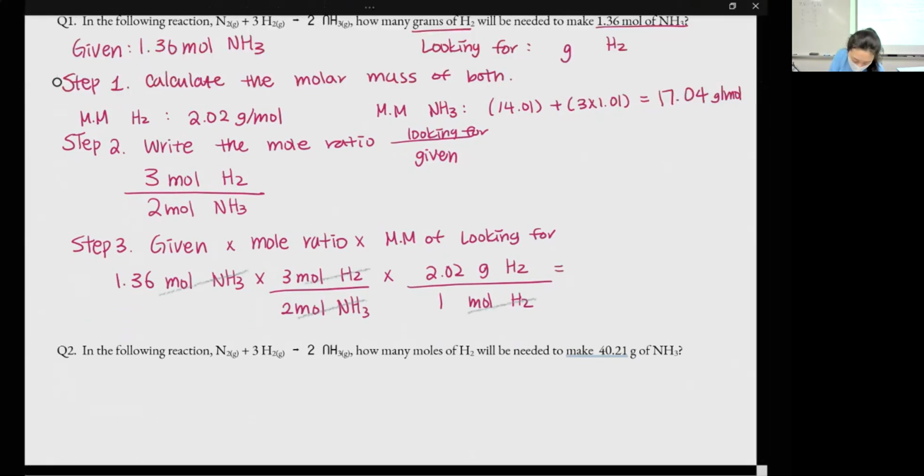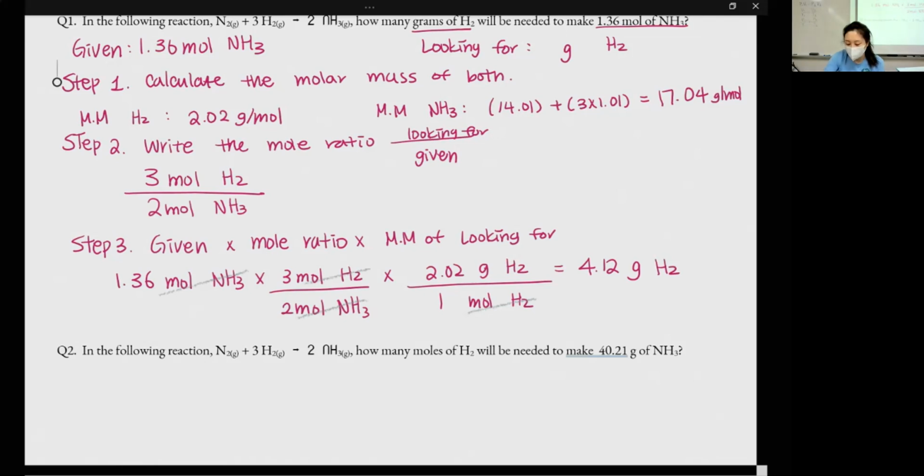So let me calculate that. 1.36 times 3 divided by 2 times 2.02 will be 4.12 grams of H2. Let me double check. 1.36 times 3 divided by 2 times 2.02. Yes, that's correct.